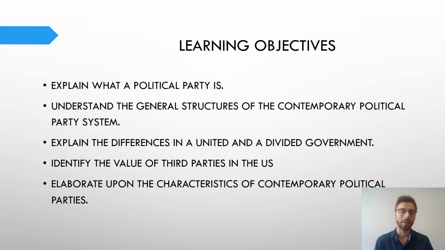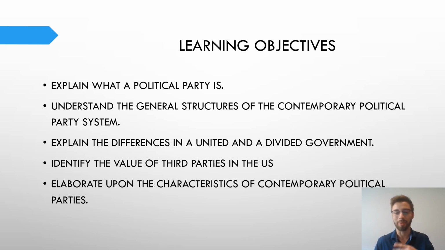The main objective this week is to understand what political parties are, their general structures, and how they operate within the contemporary political party system. We want to also identify some key terms like united and divided governments, and we're going to do a brief dive into some third parties and the impacts that three significant third-party candidates have had throughout U.S. history.